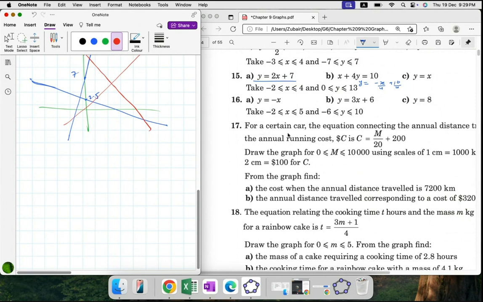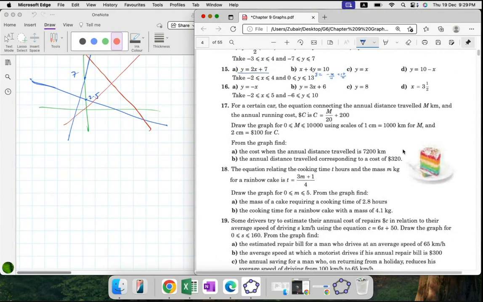It says for a certain car, the equation connecting the annual distance traveled m kilometers and annual running cost c dollars is c equals m over 20 plus 200. Draw the graph for 0 to 10,000 using a scale of 1 centimeter to 1,000 for m and 2 centimeters to $100 for c.